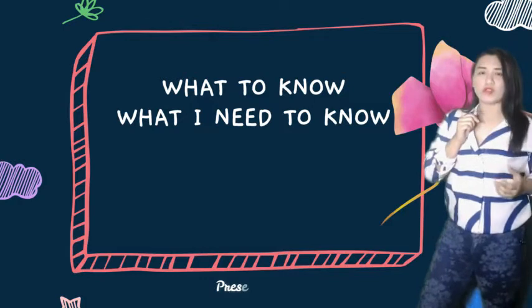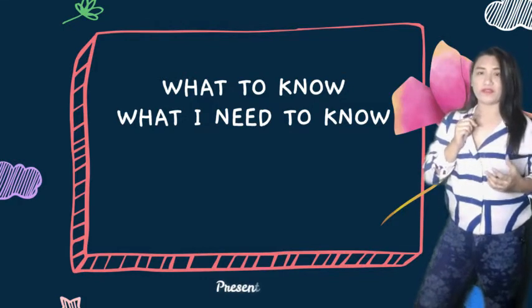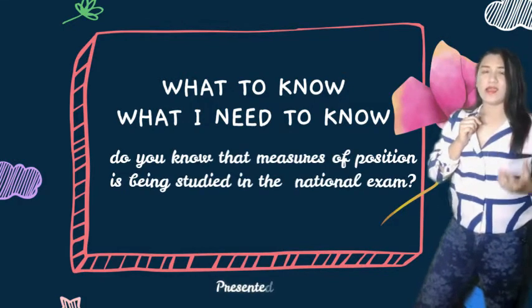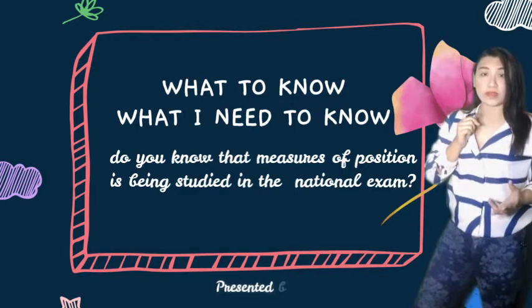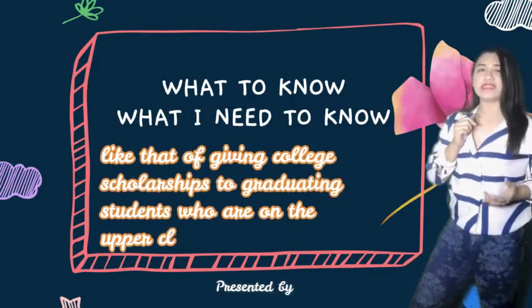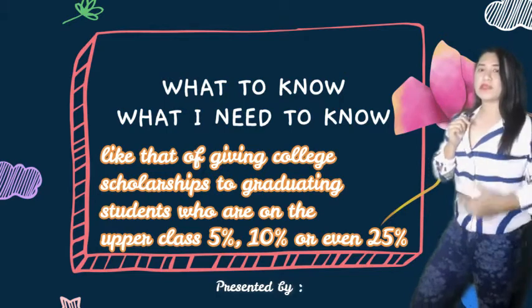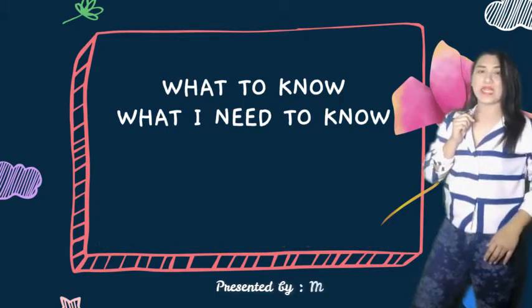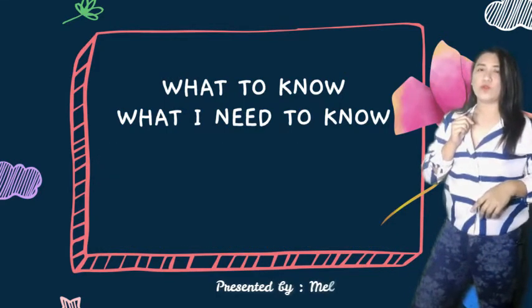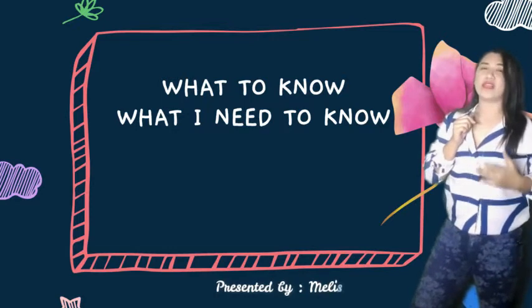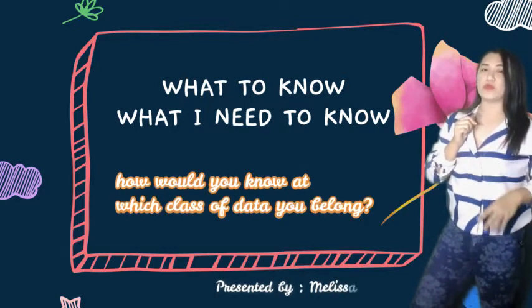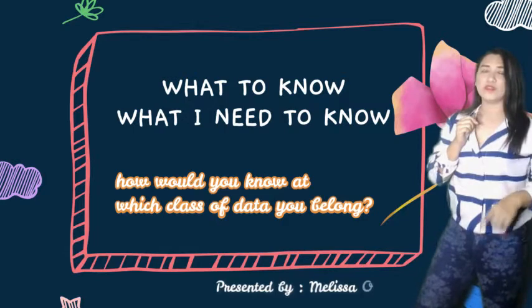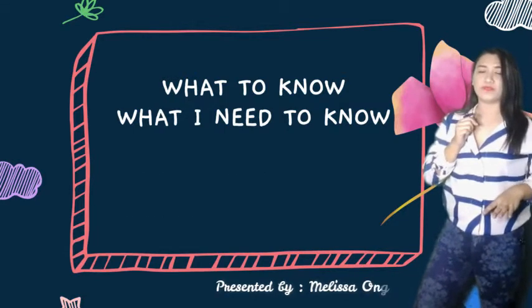But we also have great scholarships being offered, and sometimes they are being offered to those in the upper class, the upper 5%, 10%, or sometimes even 25%. But what does this mean to you? What does it mean when you belong to the upper 5%, 10%, or 25%? You will learn that as we go along.